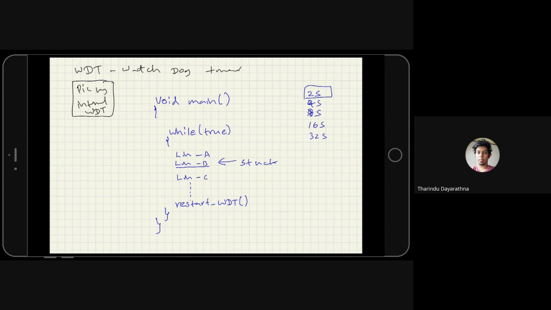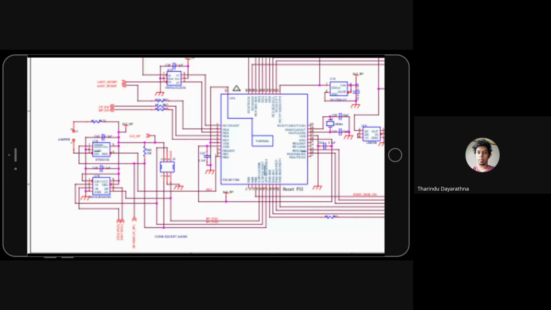So we had to protect this PIC from that case. Instead of using the internal watchdog timer, we can use an external watchdog timer which has resistance to that radiation. So that's what we have done here.